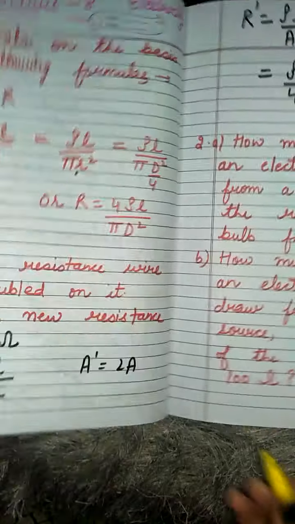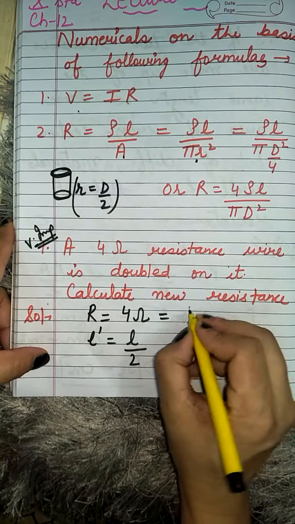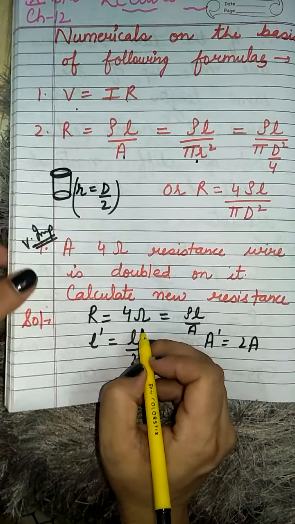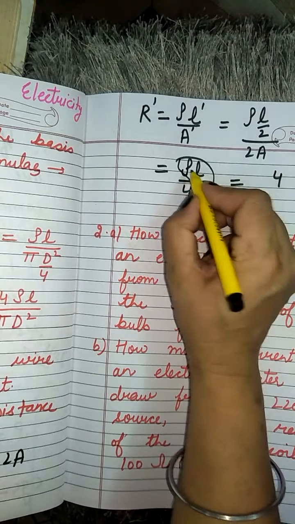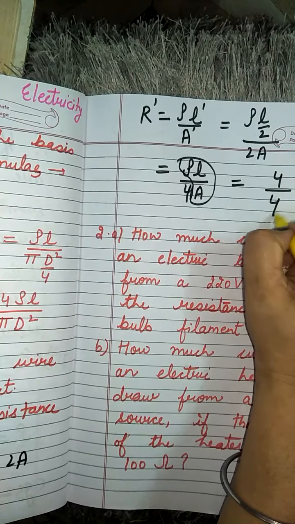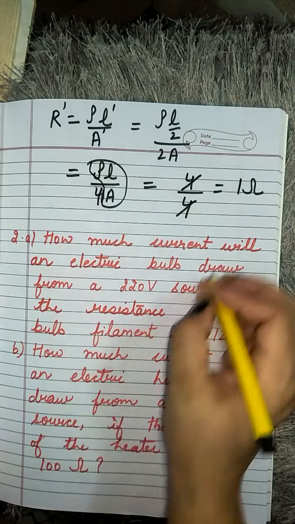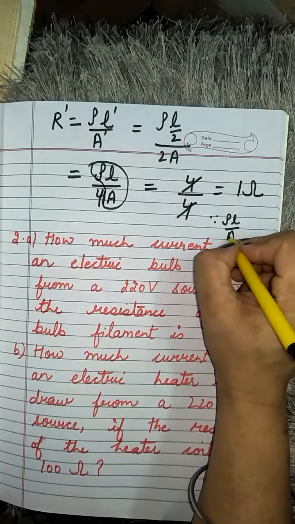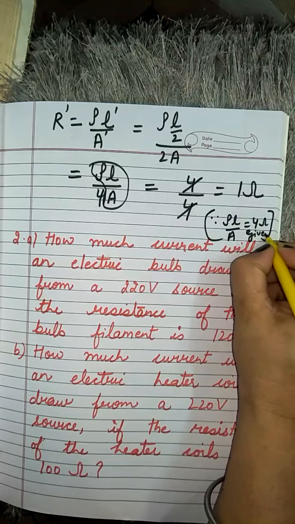Here R is equal to 4 ohm. R is actually rho L over A, so the value of rho L over A is 4 ohm. I put this value 4. Rho L over A is 4, so 4 upon 4, and the new resistance will come out to be 1 ohm. Why did I put 4? Because rho L over A is equal to 4 ohm and it is given to you.